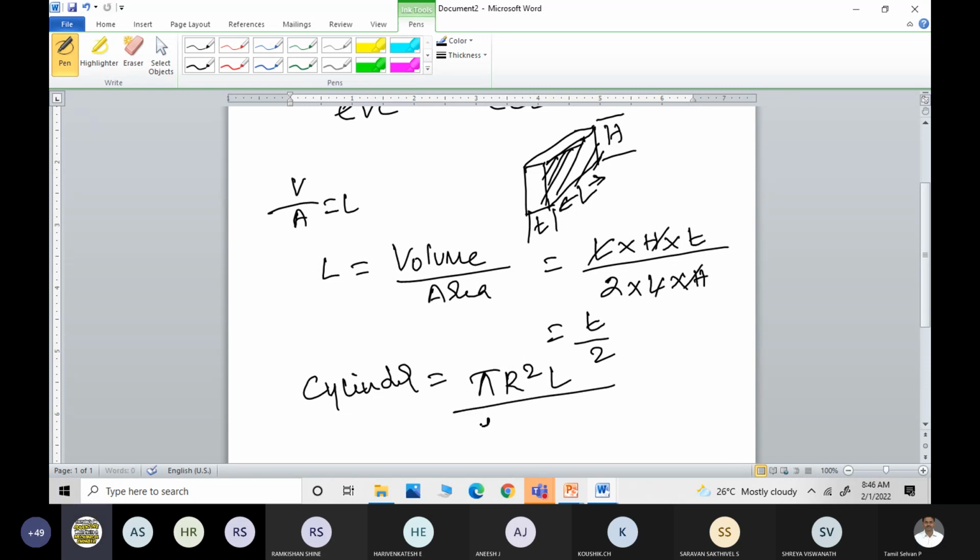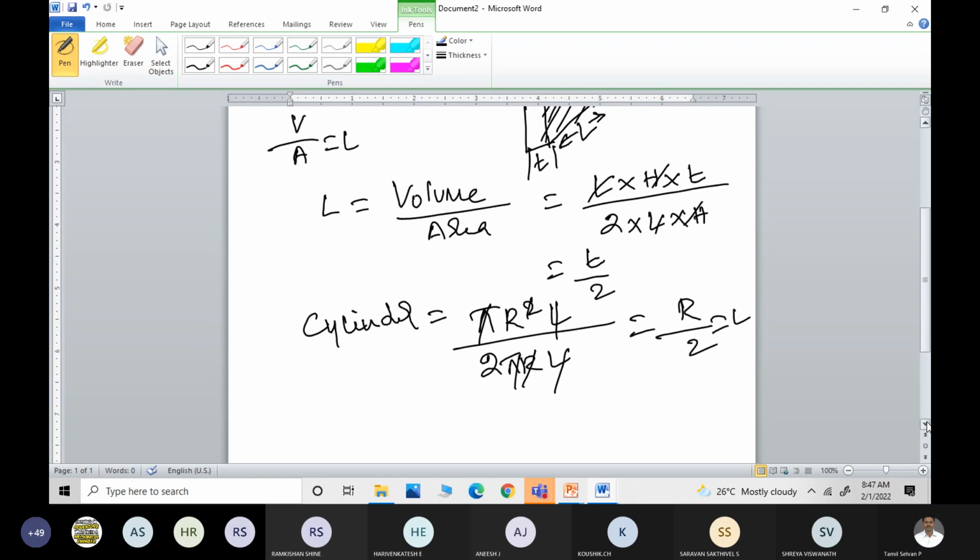Pi r squared L. Is it correct? Correct, sir. So what happens here? We get L equal to R by 2. Am I correct? Correct, sir.